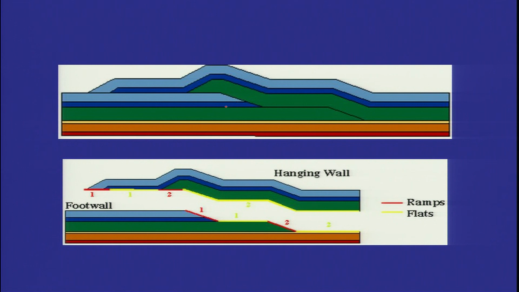In the frontal part, mostly what we see is almost horizontal, but it will result in deformation in terms of folding. The portion where we see the folding is the portion we mark as ramp area.